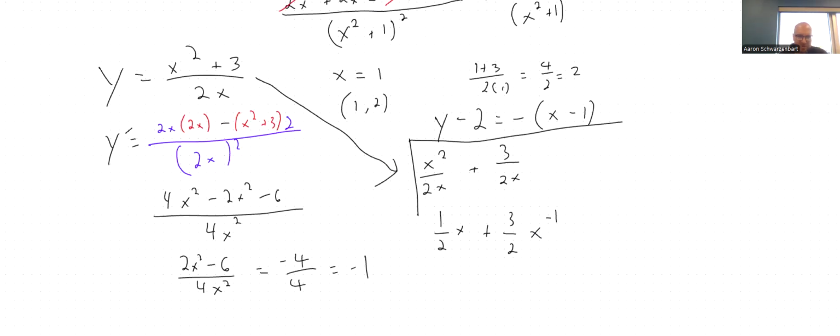My power here is 1. 1 times 1/2 is 1/2. Reduce the power, just 1/2 for the first one. The second one, I do -1 times 3 over 2, -3 over 2, and reduce the power by 1. Again, keep reducing the power by 1. Don't bring it towards 0. Actually subtract 1.